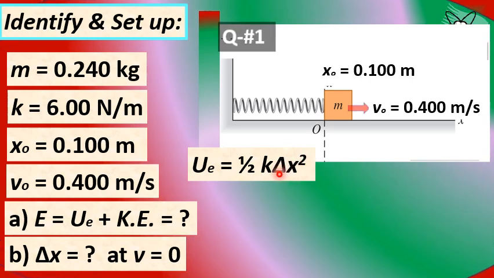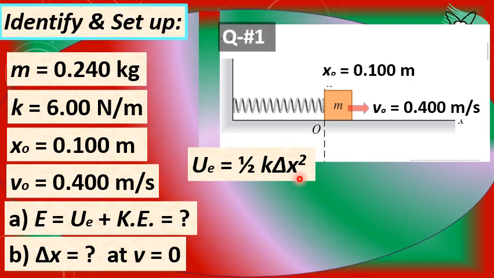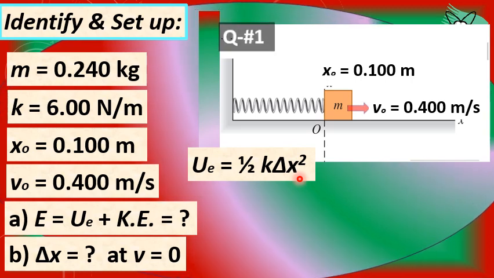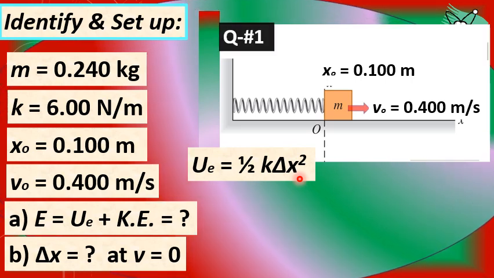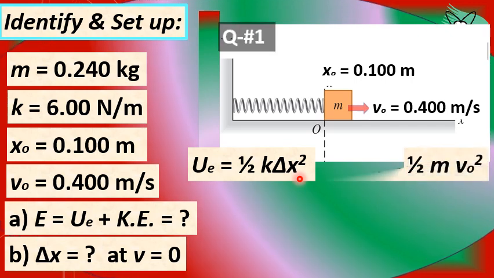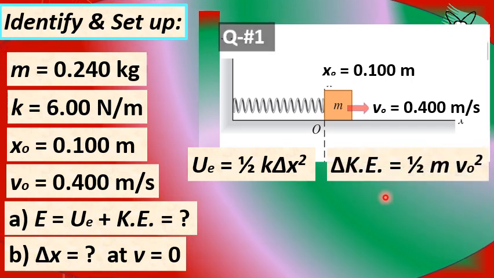Sometimes we call this the elongation, the change in length, delta x. Also, the change in the kinetic energy, delta KE, is equal to 1 half the mass times the square of the initial speed v naught.